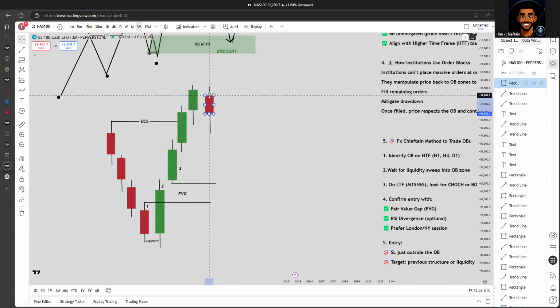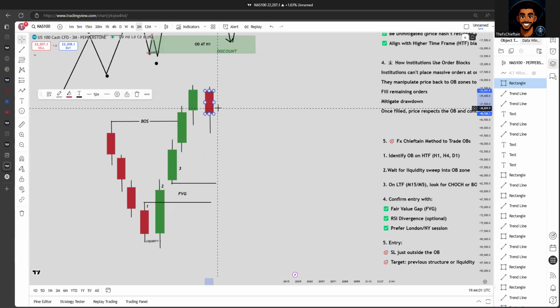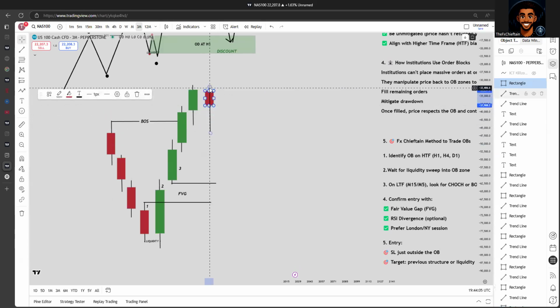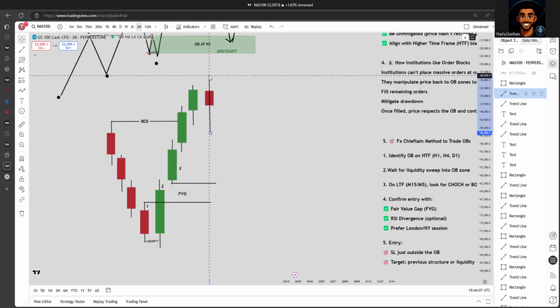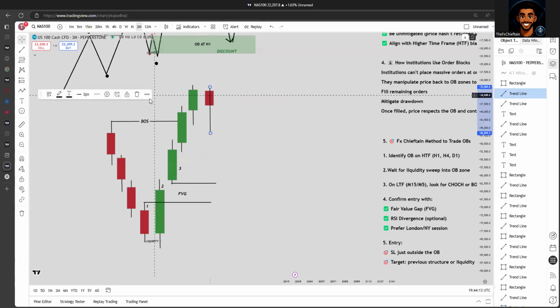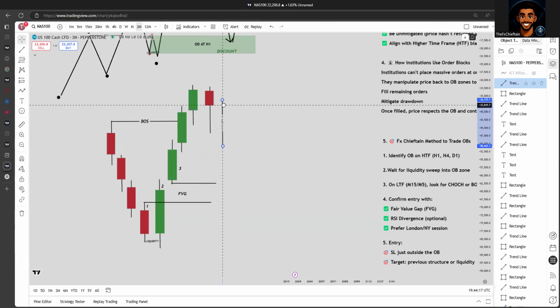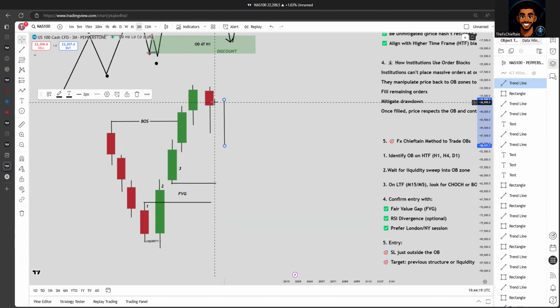Let me see it first become sluggish or fail to close above here. You don't want to see it go down aggressively. That's not a good sign. So you want to see this happen.